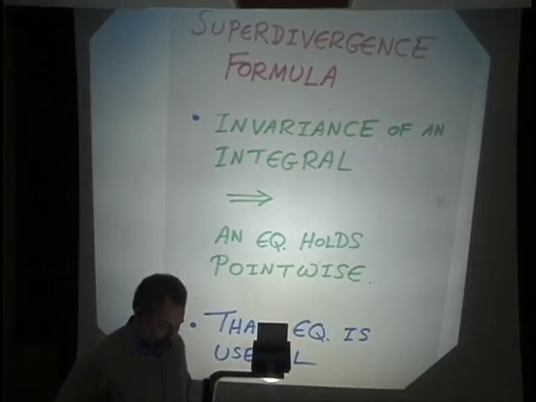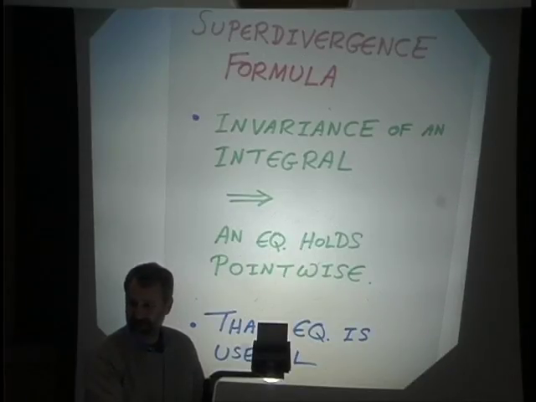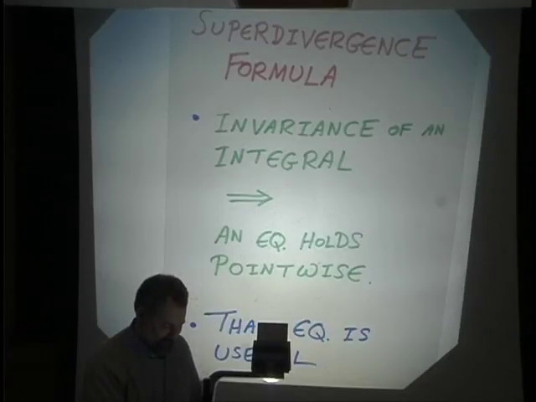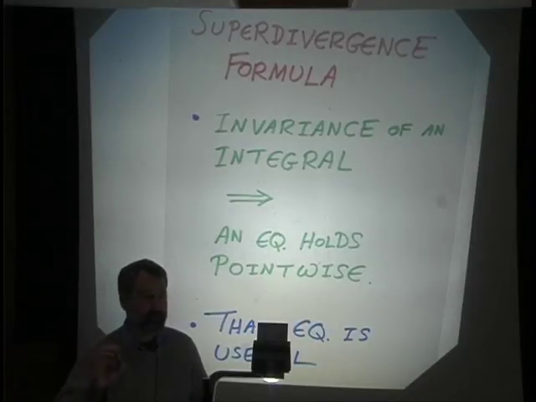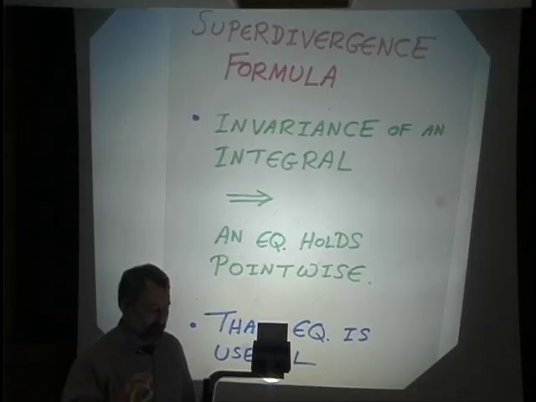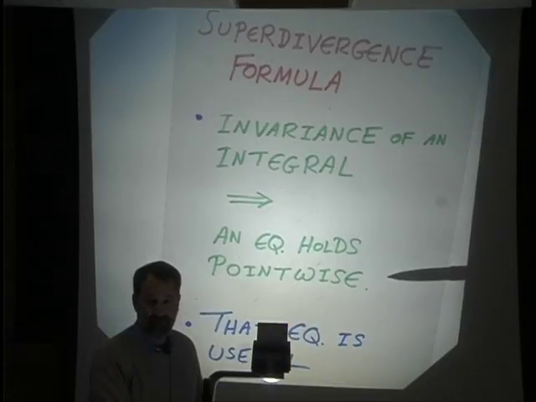Well, we are given the invariance of an integral. That's what a conformal integral invariant means. We know that a certain integral is invariant. It is surely much easier, and we have our hands on the situation much better, if we know that some equation holds pointwise. So what the superdivergence formula is going to tell us is that if a certain integral is invariant, then a certain equation holds pointwise.